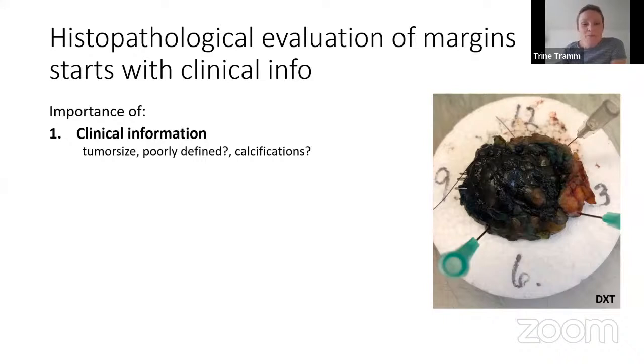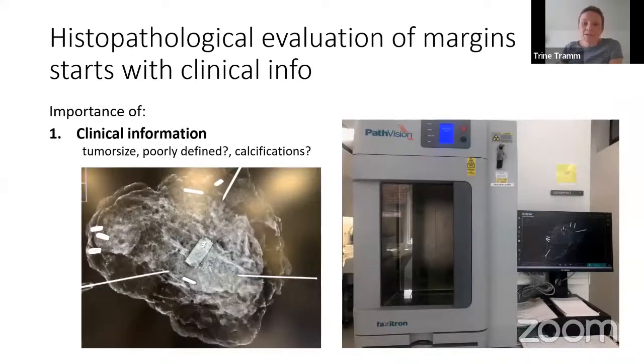So I'm very well prepared when the surgical specimens come during the day. I also have the great advantage that we have the possibility of taking an X-ray of the surgical specimen, which further allows me to identify calcifications. But if you do not have this in your institution, it's very important that you as surgeons convey this information to your pathologist.